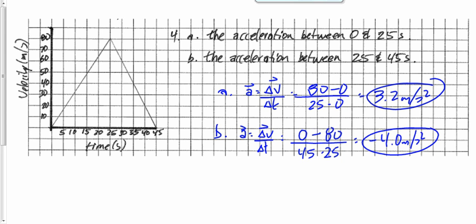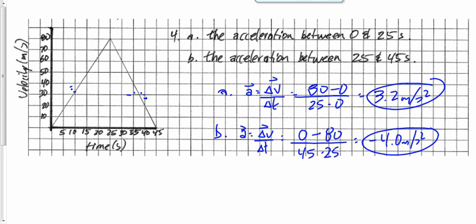If you were looking at this graph, not calculating anything, how would you know the magnitude of this acceleration is bigger than this one? Negative, right? But how would you know that the number is bigger just by looking at it? The line's a little bit steeper, although it's kind of hard to tell by looking at the graph.